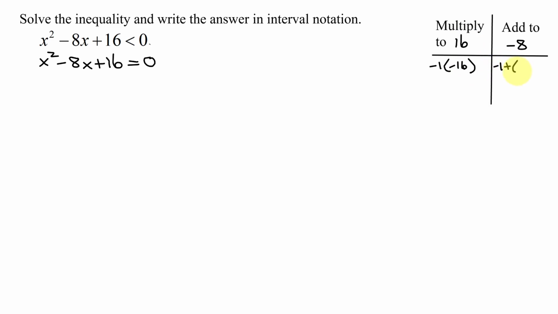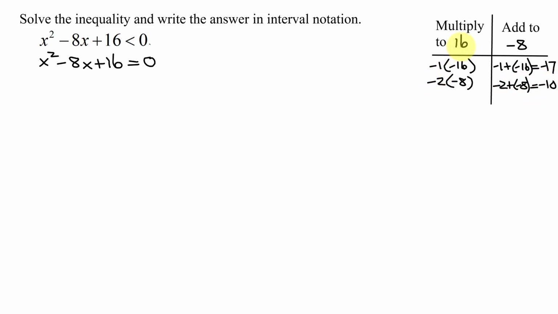But negative 1 plus a negative 16 add to negative 17, not the number I'm looking for. Does 2 divide into 16? Yes. So I have negative 2 times negative 8 is positive 16. Negative 2 plus a negative 8 is negative 10. Not the number I'm looking for.